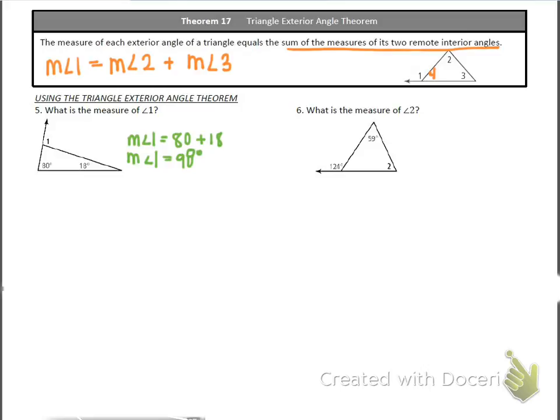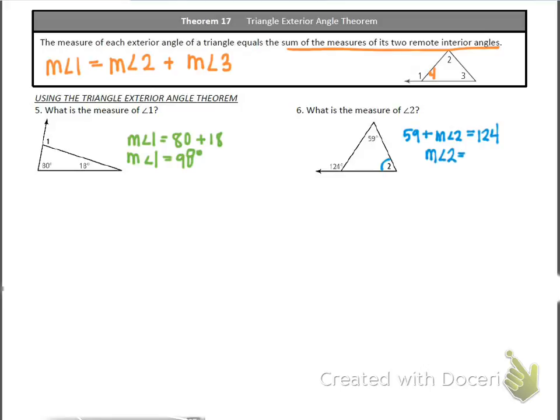What about number 6? How does that one differ? Rose, how does it differ? Yeah, you're going to have to find one of the remote interior angles. So we know that 59 plus the measure of angle 2 is supposed to equal the exterior angle, which in this case is what? 124. Good, 124. So you just subtract. So Kiki, what do you get?